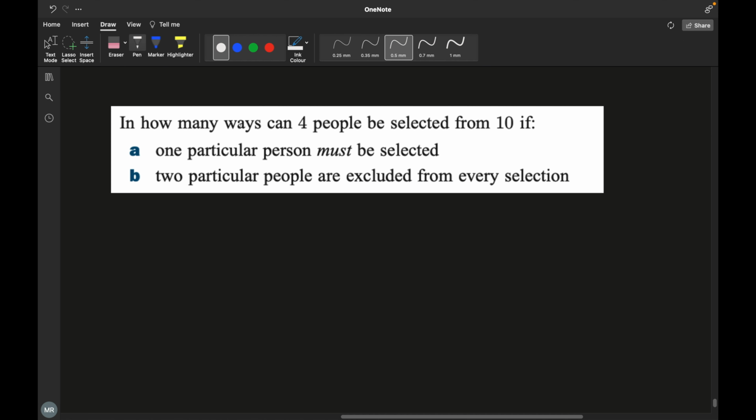In how many ways can 4 people be selected from 10 if A, one particular person, must be selected? If one person is selected, okay, let's just draw this. Let's say person C is getting selected. Now we have 3 slots or 3 places, and therefore we have r equals 3.